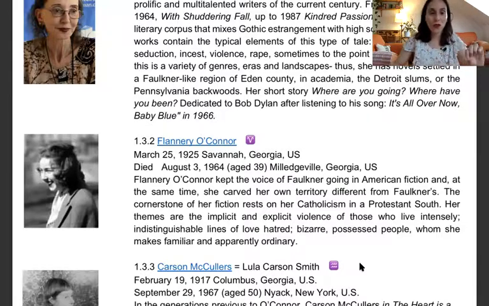The cornerstone of her fiction rests on her Catholicism in a Protestant South. Her themes are the implicit and explicit violence of those who live intensely, indistinguishable lines of love, hatred, bizarre, possessed people whom she makes familiar and apparently ordinary.